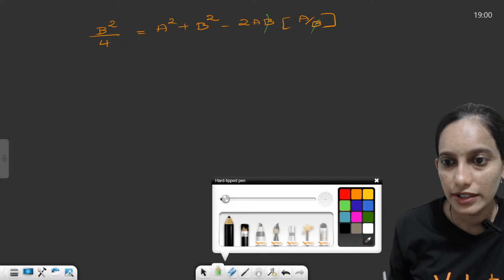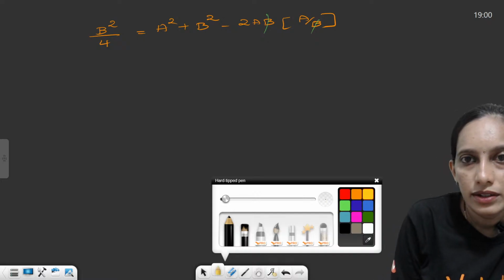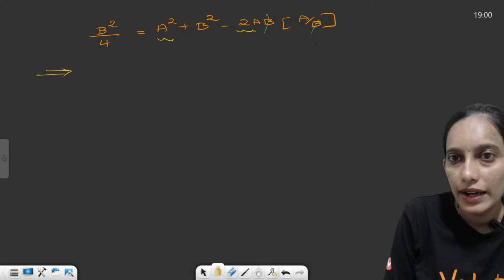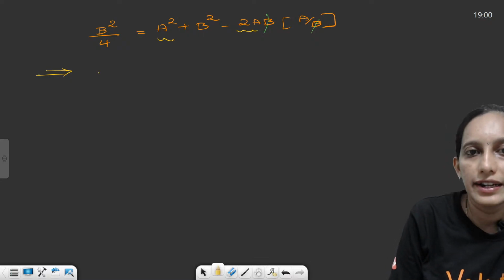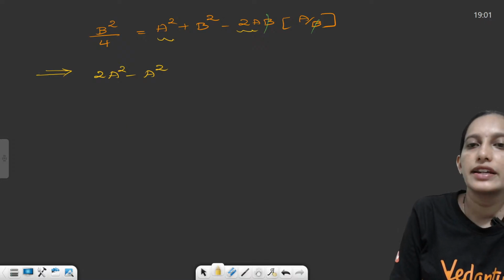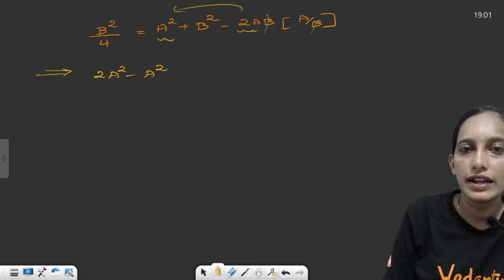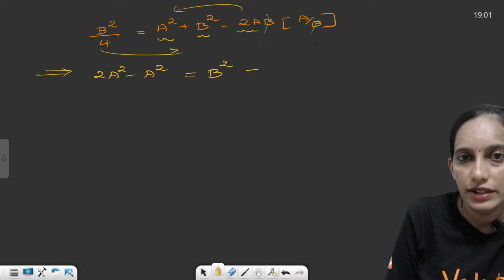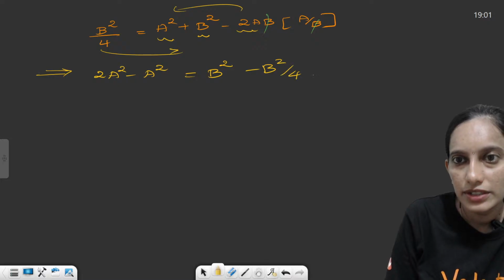So what remaining terms do we get? Observe here, A square minus 2A square. So I'll write 2A square minus A square on one side, equal to B square, and bringing this to that side, minus B square by 4.